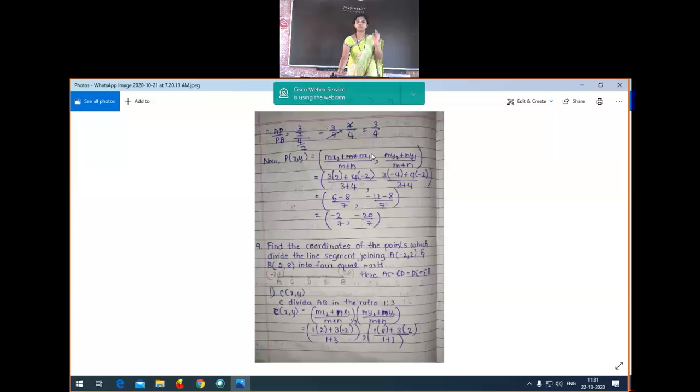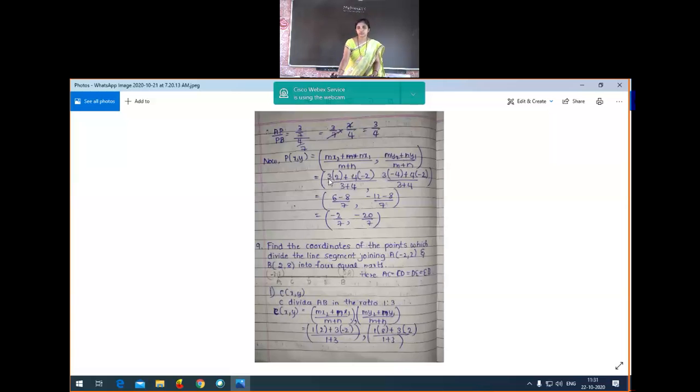Can we find P(x, y)? Yes, we can, and the coordinates of point P can easily be found with the help of the section formula: P(x, y) equals ((m x2 plus n x1) divided by (m plus n), (m y2 plus n y1) divided by (m plus n)).